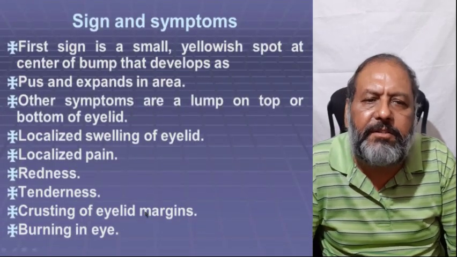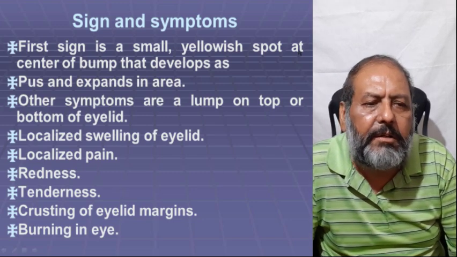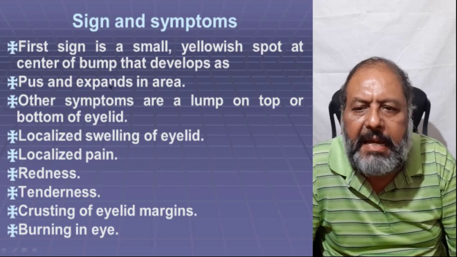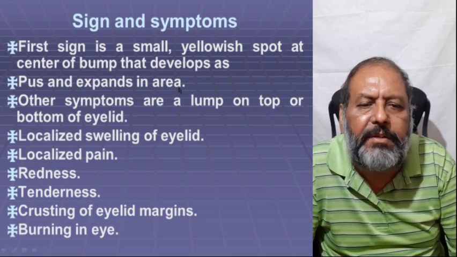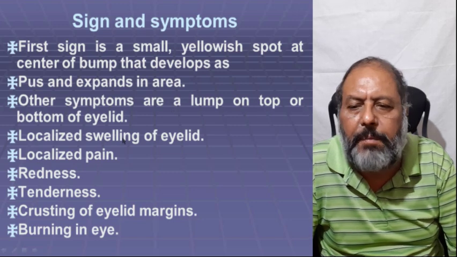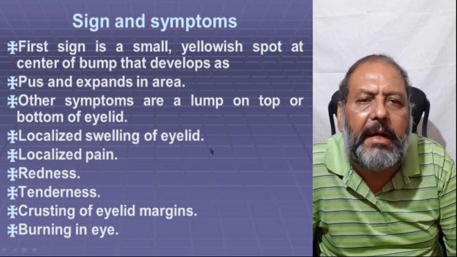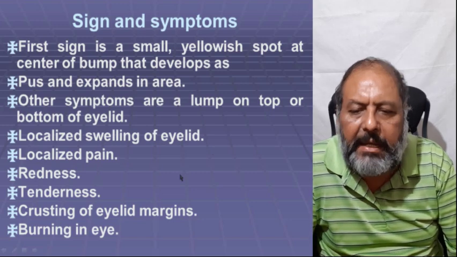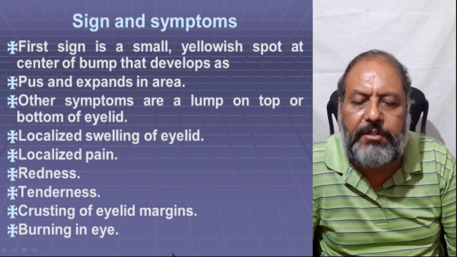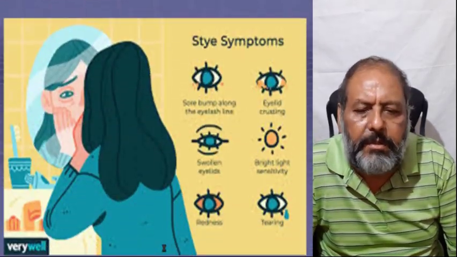Now, signs and symptoms of the stye. The first sign is a small yellow spot at the center of the bump that develops as pus and expands in area. Other symptoms are a lump on the top or bottom of the eyelid. It is a localized swelling of the eyelid, localized pain, redness, tenderness, crusting of the eye margin, and burning in the eyes also.